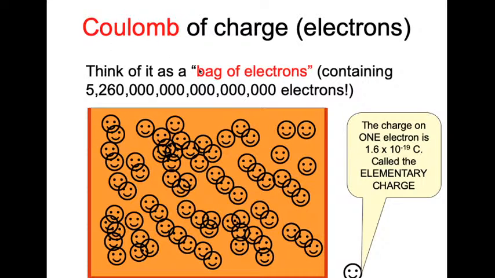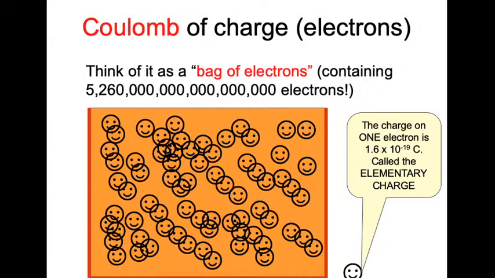So a coulomb is the charge that, wow, I didn't even count the zeros here. 5, we'll call it a bazillion electrons have. So that's 3, 6, 9, 12, 15, 18. 5 times 10 to the 18.